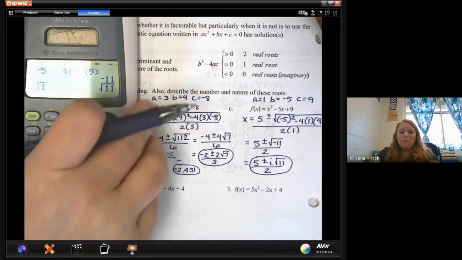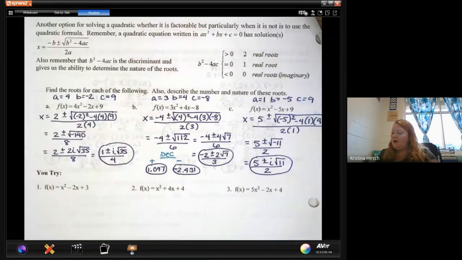So the reason why we are reviewing solving with the quadratic formula and solving by factoring is because in the next lesson, you're going to be having polynomials that have a much higher degree. Like you may have something to the 6th or 7th power. Well, you can't just factor it. So we're going to have to use something called the rational root theorem that's going to help us figure out some of our factors.